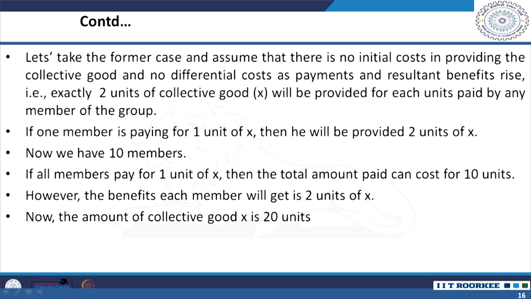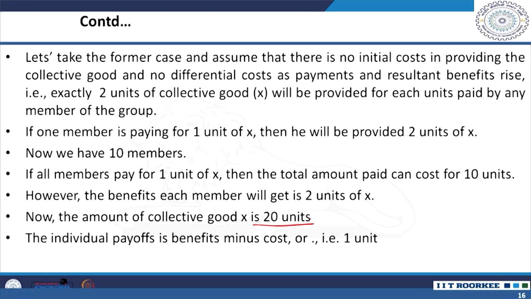So, now the amount of collective good is 20 units, because they are paying for 10 units and they will be getting double the value. That is why they will be getting 20 units of the collective good.